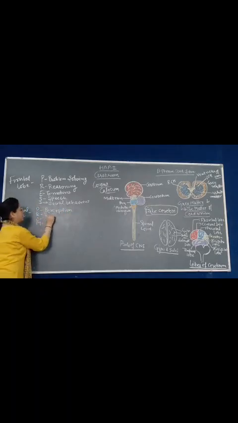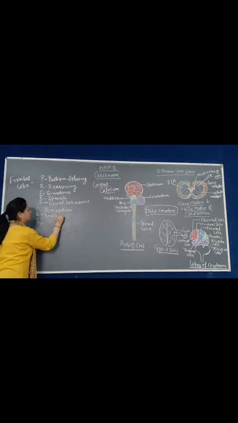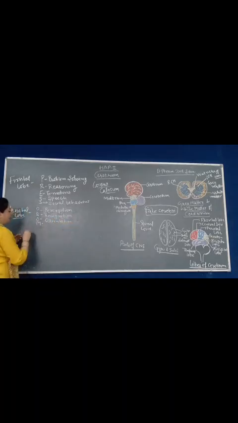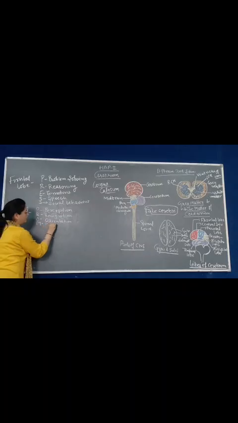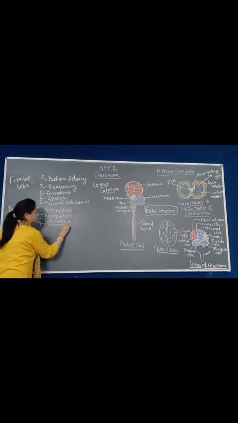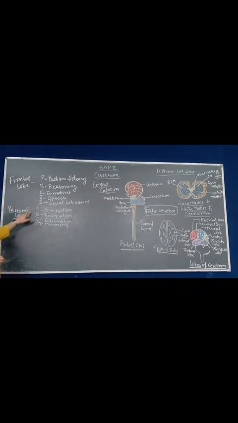R stands for recognition. O stands for orientation. And M stands for movements. So you can learn the functions of the parietal lobe: perception, recognition, orientation and movements.